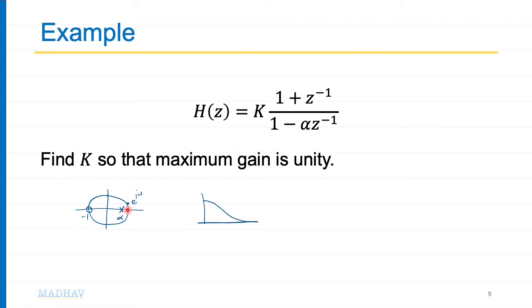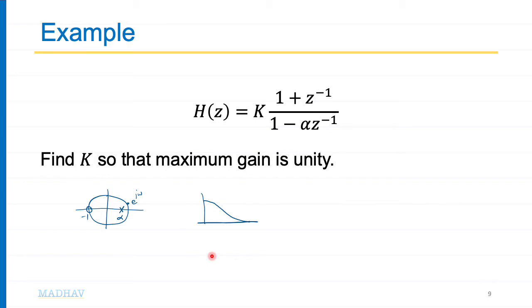Here the denominator is this length, and the numerator is this length. Numerator is large, denominator is very small, so the overall value is very large. As you move away, the denominator becomes larger and the numerator becomes smaller, so the overall function becomes smaller and smaller. This is how it's an infinite impulse response low pass filter.